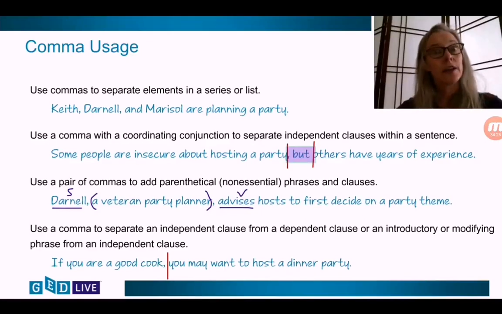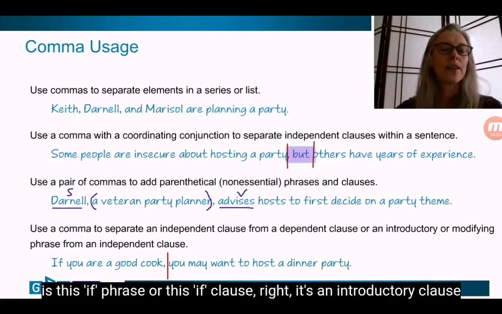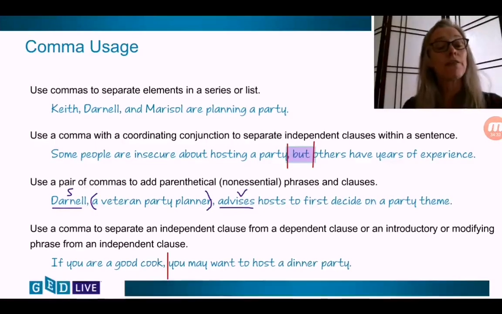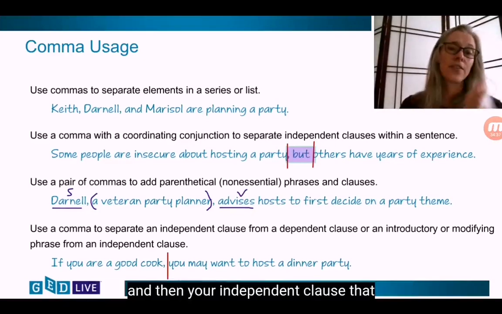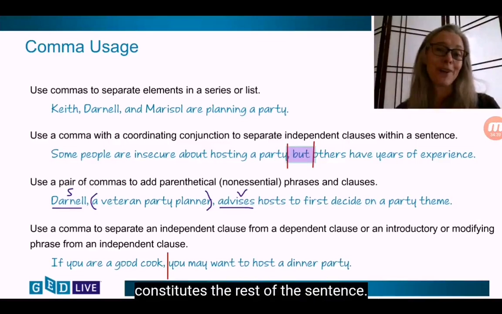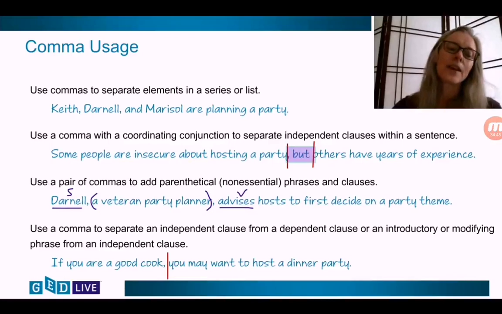But kind of introducing the idea that you may want to host a dinner party is this if phrase, or this if clause. It's an introductory clause. If you are a good cook, that's introductory, comma, and then your independent clause that constitutes the rest of the sentence. Right? So, 4 uses for commas.